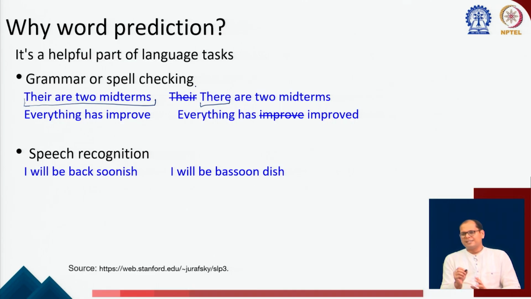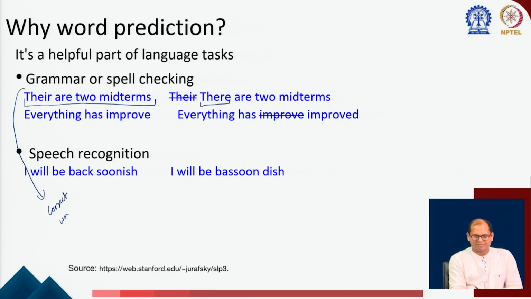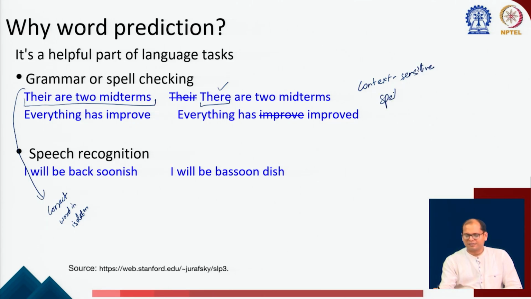Understand that this "there" itself is a correct word in isolation. But in this context, this is not the correct word. So you should have this particular spelling of "there", right? This is called the context sensitive spelling correction task.